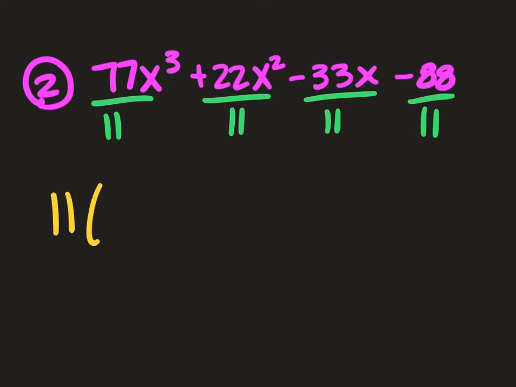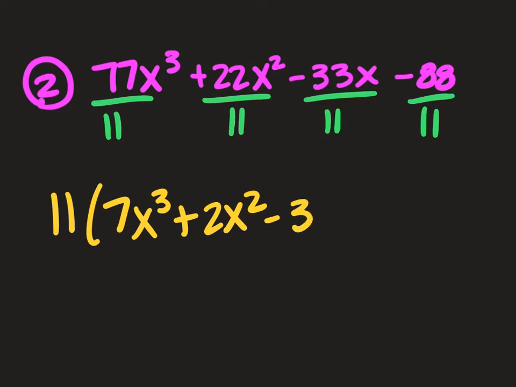So 11 is going to go on the outside. 77 divided by 11 is 7x to the third. 22x squared divided by 11 is 2x squared. Negative 33x over 11 simplifies to 3x. And then negative 88 over 11 simplifies to just 8. And that is your answer as well.